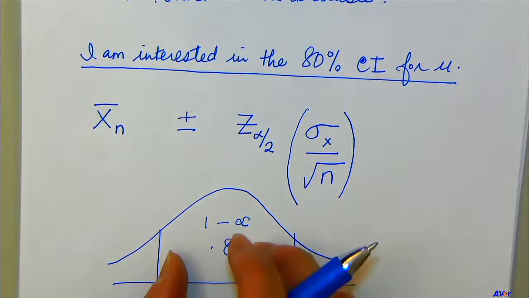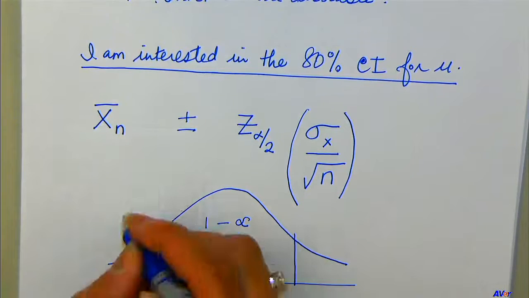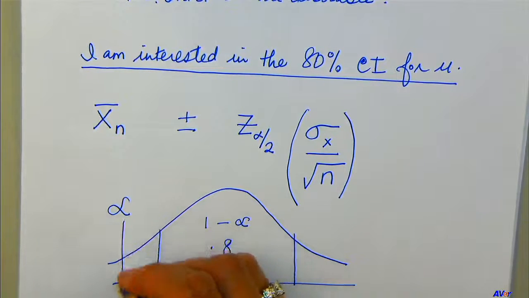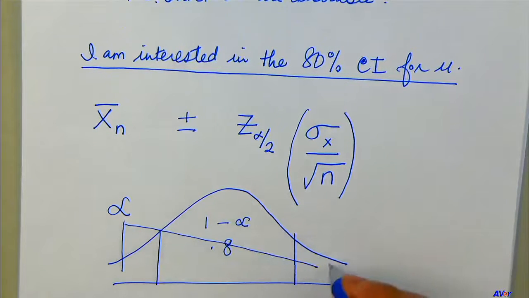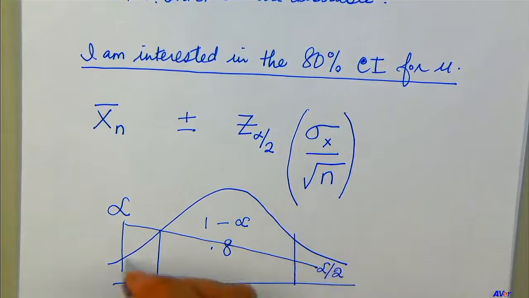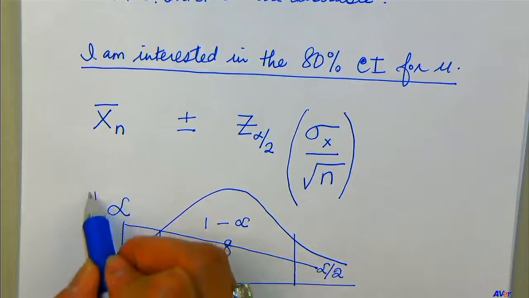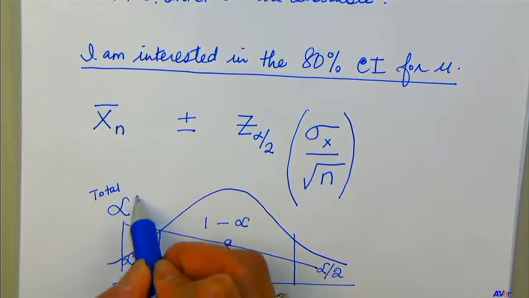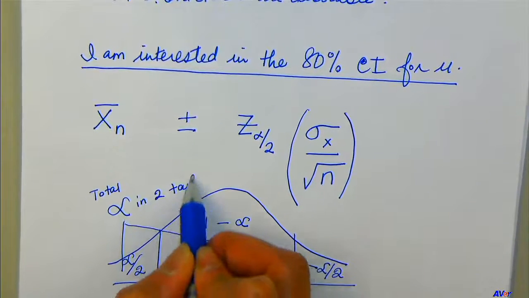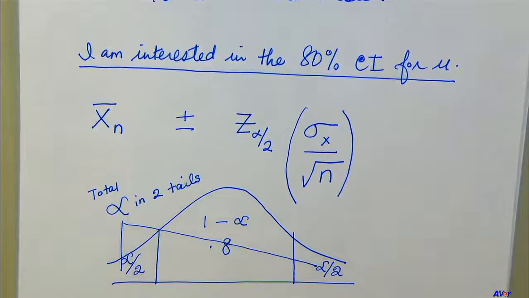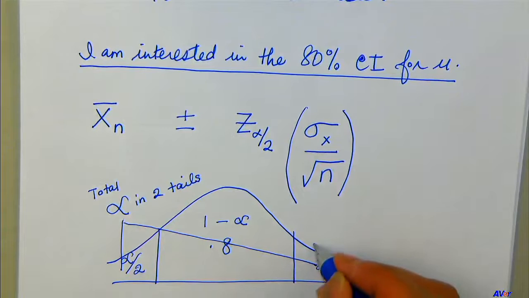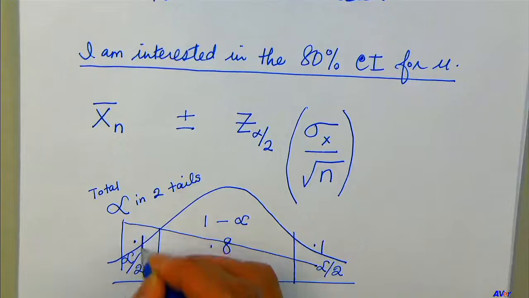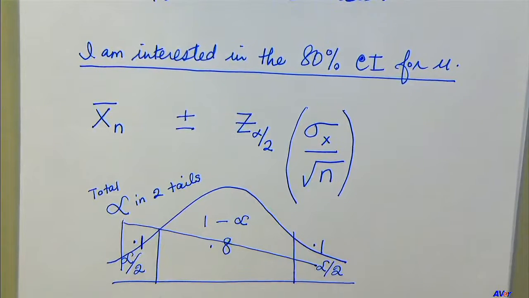So if 1 minus alpha sits here, that means alpha has to be shared between these two tails, alpha over 2 being here and alpha over 2 being here, for a total of alpha in the two tails. So if this is 80, this is 10, and this is 10%, because I have a total of 100%.